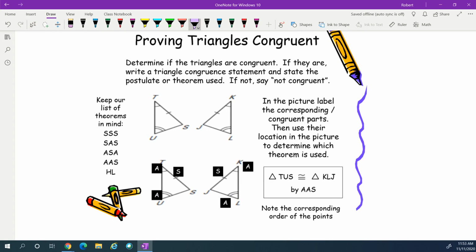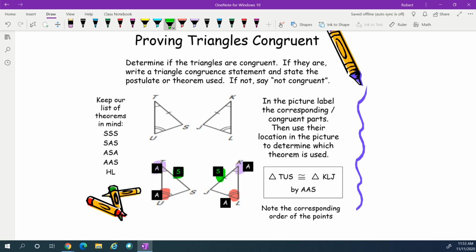Again, comparing our given picture to the way I would label it. An angle marked 1 and an angle marked 1. An angle with two arcs, an angle with two arcs. A side marked 1 and a side marked 1. So I have two angles and a side. Now, it's not the side between them.